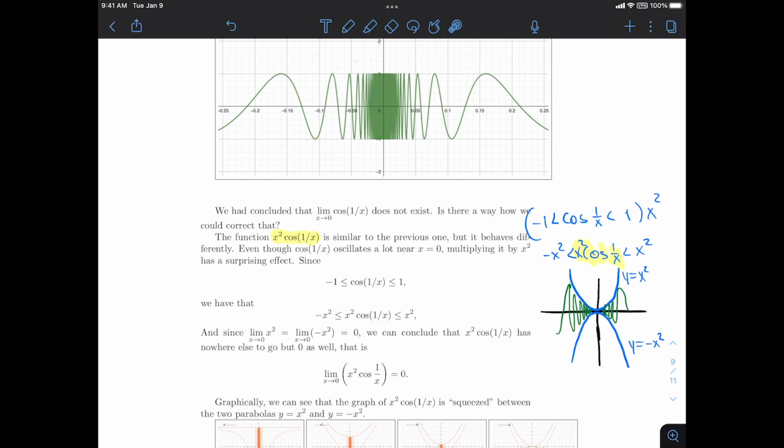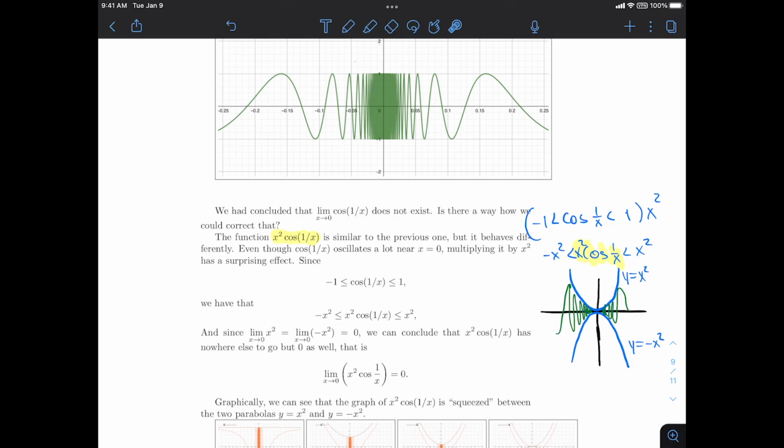So because x squared tends to 0 as we go to 0, the limit equals 0, and the other one, minus x squared, also goes to 0, so they both tend to the same limit. The green function, x squared cosine 1 over x, has no choice but to also go to 0, because there's nowhere else for it to go other than to stay in between minus x squared and x squared.